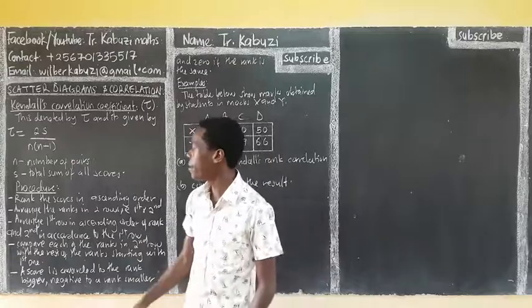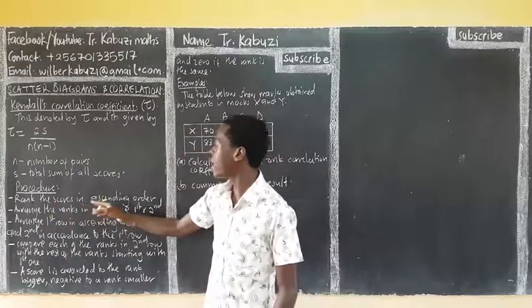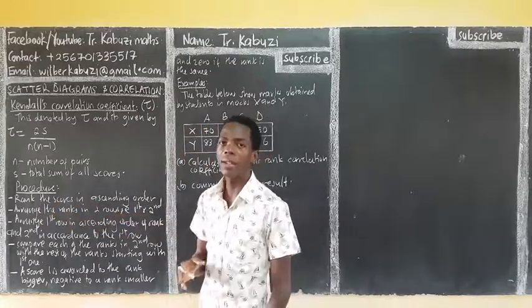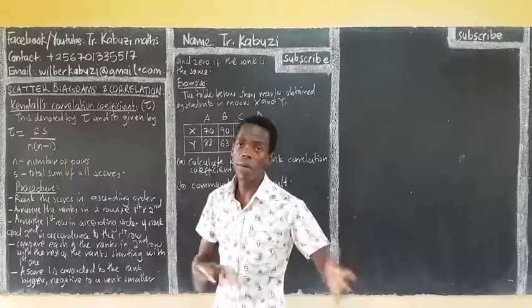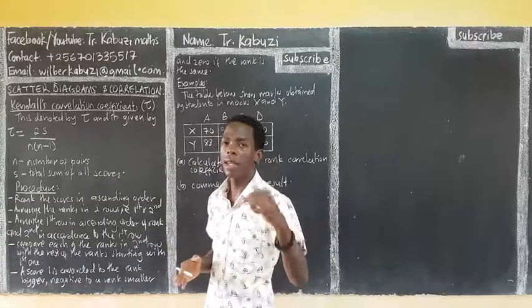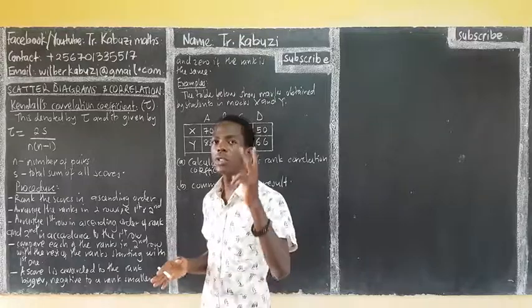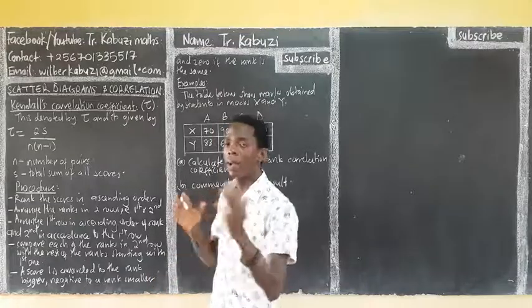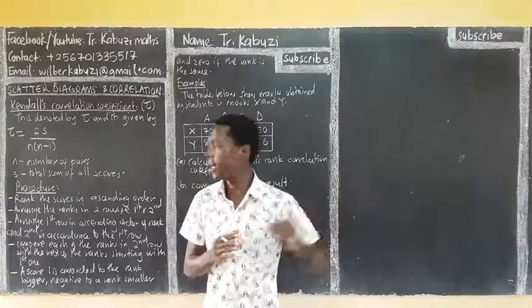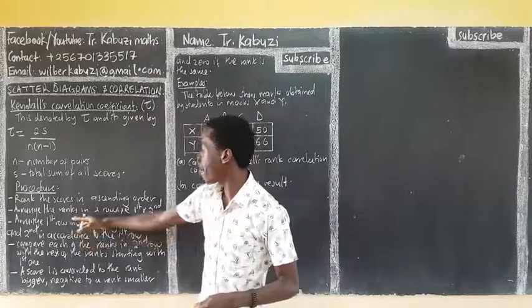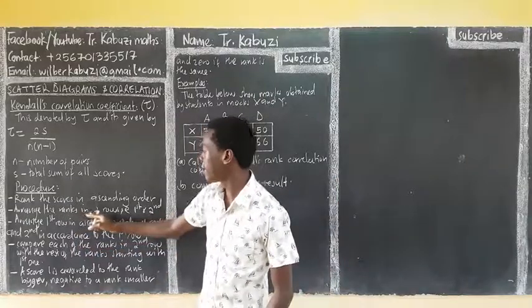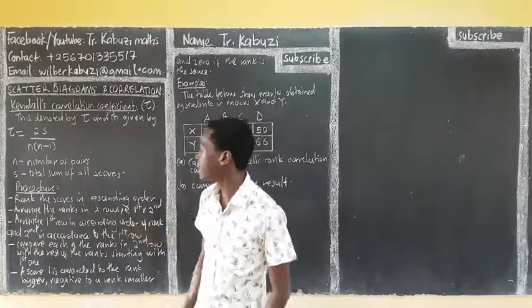The procedures are: rank the scores in ascending order. We are ranking from small to big. The smallest takes position 1, the second smallest takes position 2. Then arrange the ranks in two rows, the first and the second.